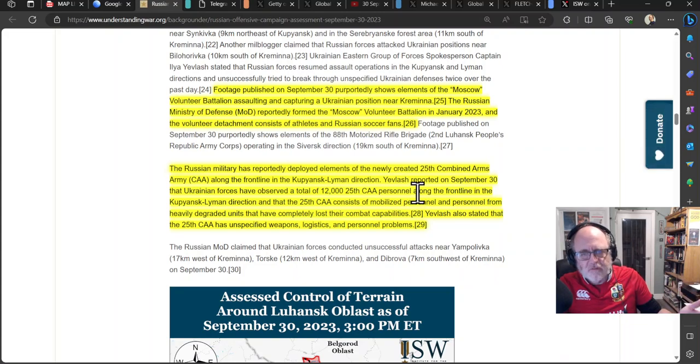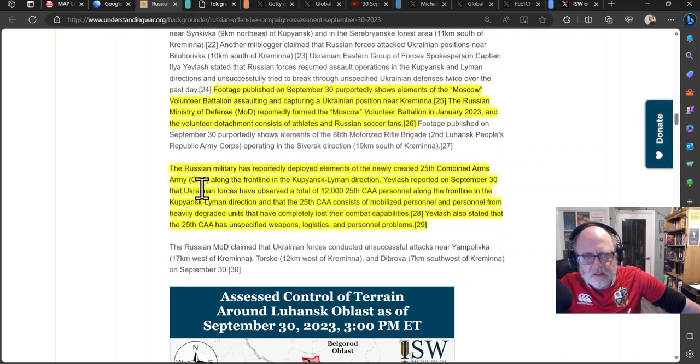Yevlash is a spokesperson for this area. He reported on September the 30th that Ukrainian forces have observed a total of 12,000 25th CAA personnel along the front line in the Kupiansk-Liman direction, and that the 25th CAA consists of mobilized personnel and personnel from heavily degraded units that have completely lost their combat capabilities.